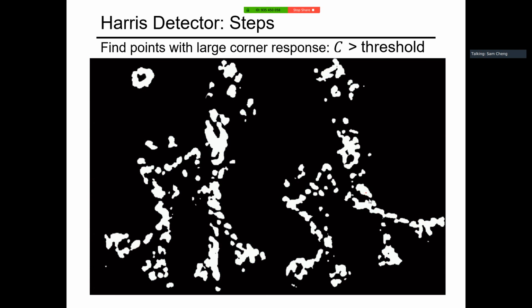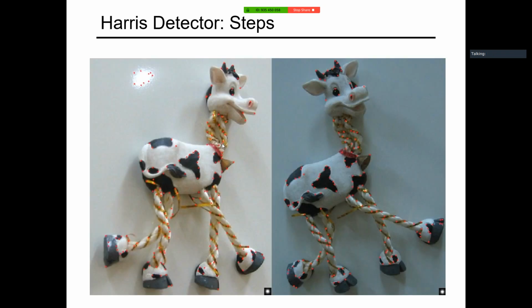I would like to reduce the number of responses, so we say only when this is a local maximum will we keep it as a corner. This is very easy to verify. We just compare with the left, right, up, and down pixels, and see if they are smaller or bigger. If all are smaller than the current value, then we consider it a true maximum. So this will be the final result, something like this.